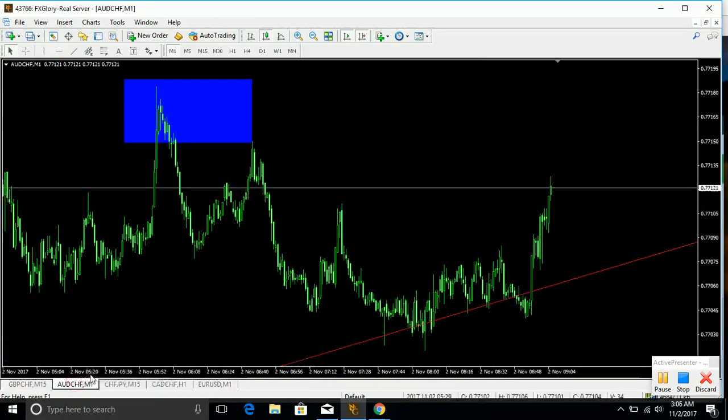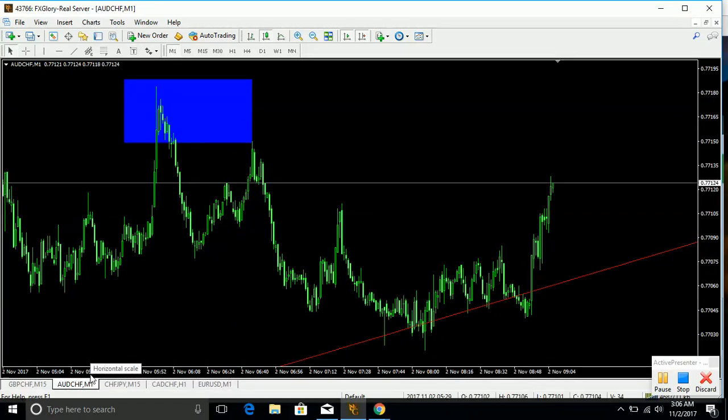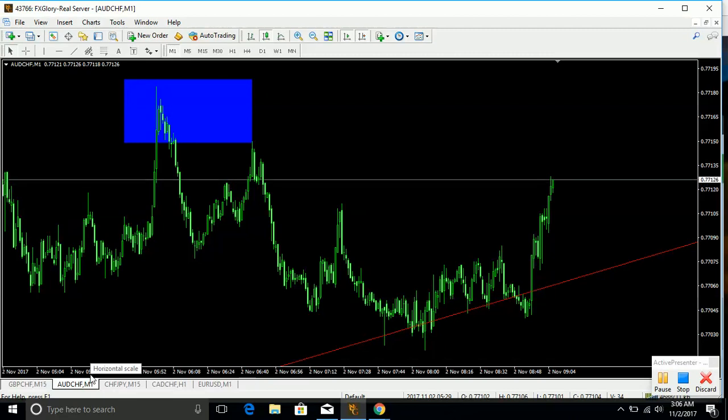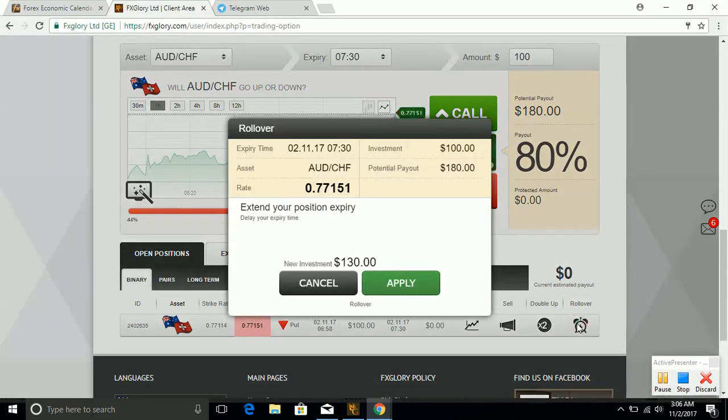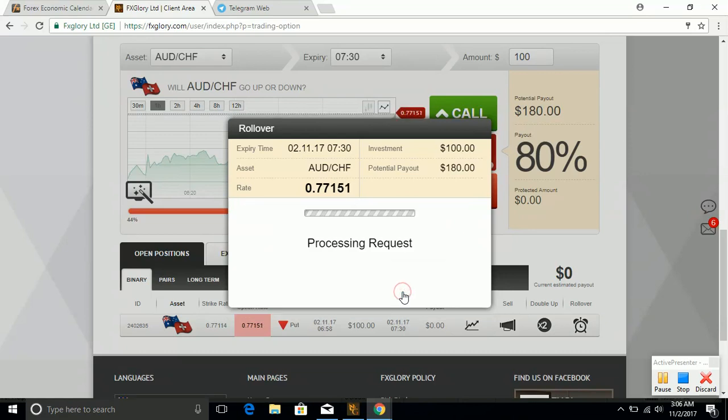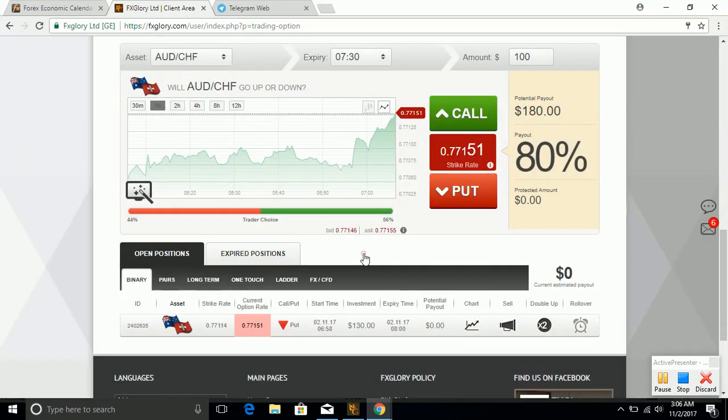Now, I'm going to give it just a second, but I believe I am going to take a binary position. I mean a Forex position here on this Aussie CHF. Now, if I'm not mistaken, right here we are not looking good. So let's roll this over for 8 o'clock. Okay, so now our trade is expiring at 8 o'clock.